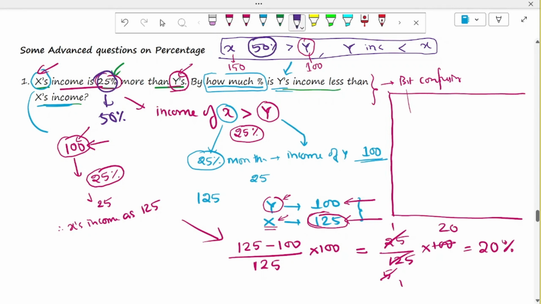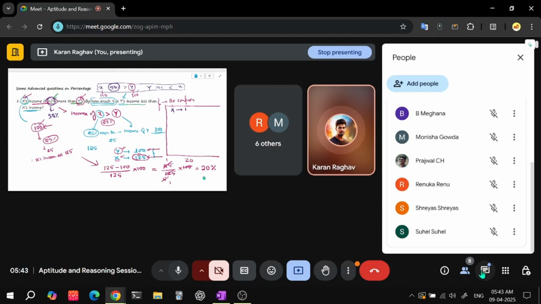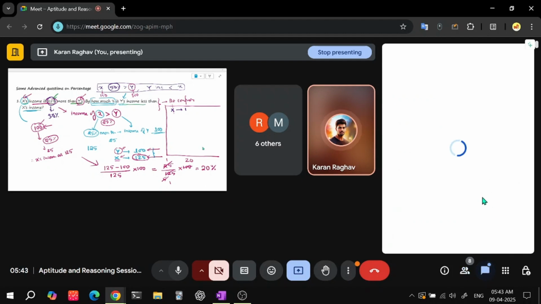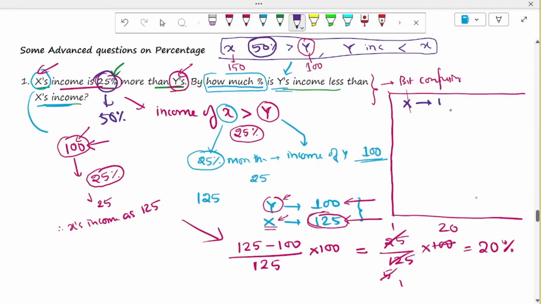I got 50%. So excess income, if I got an answer maybe, is 33.33. Fine. Any other answers? Yes, 33.33. I think you are right.